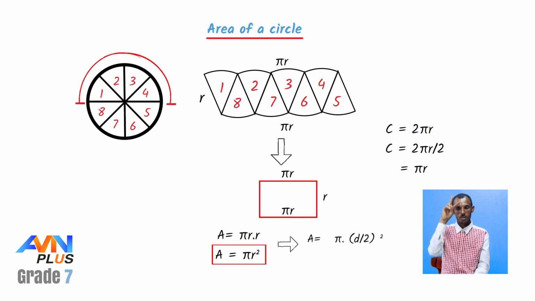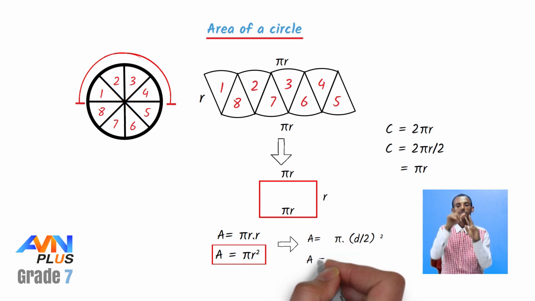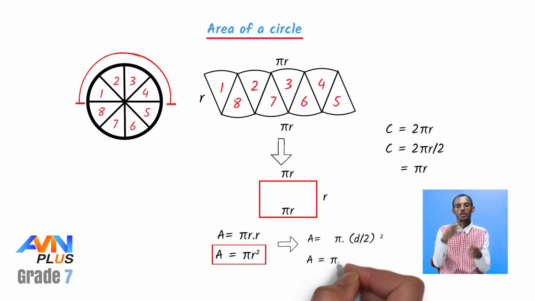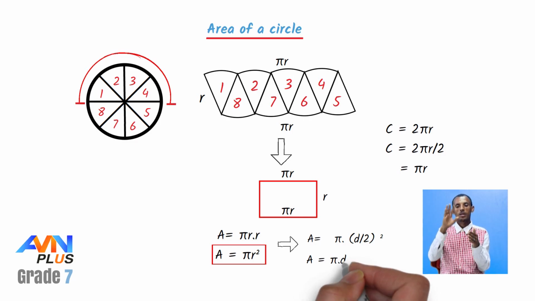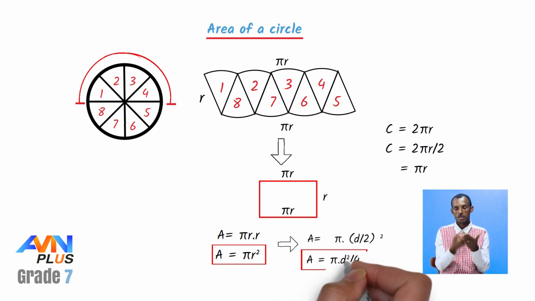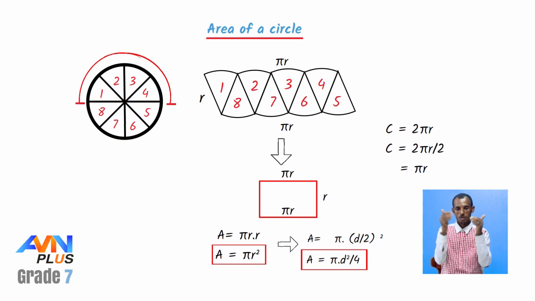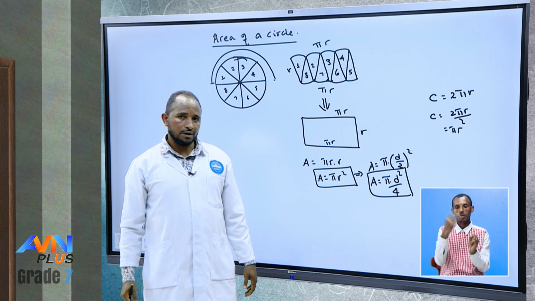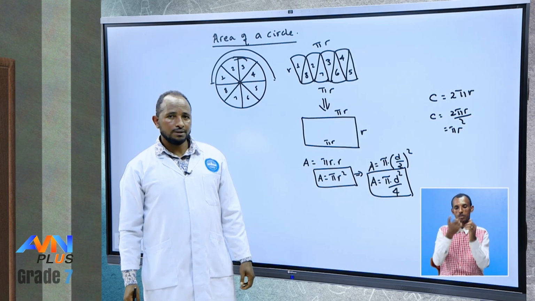So this will be equal to pi times, when you square this, you have diameter squared over 2 squared, which is 4. We can use this equation: area is equal to pi r squared or pi d squared over 4. So we can use this equation to calculate the area of a given circle. Now let's proceed to an example.